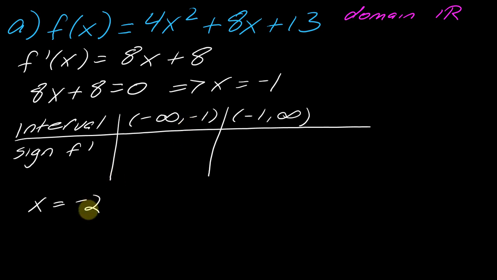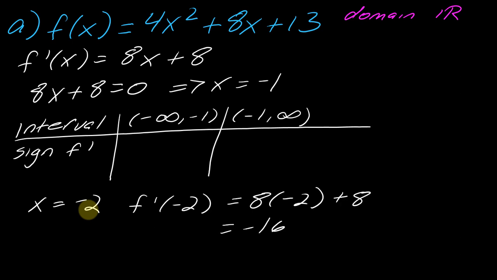So what happens if I have x of -2 and I plug that into my derivative? Well, you can actually work this out, but I've talked about this in the previous video as well. The real thing you're trying to figure out here is, is this going to end up as something positive or negative? So this can take you a long time sometimes to compute this. The big thing is just, is this positive or negative? And we can see just by looking at this that this is going to be negative.